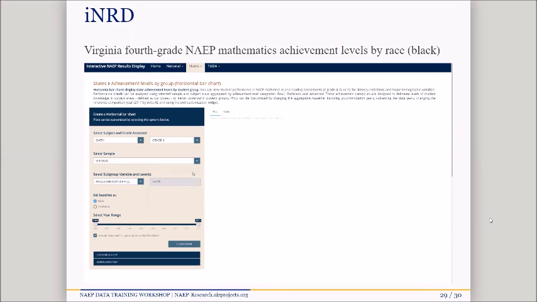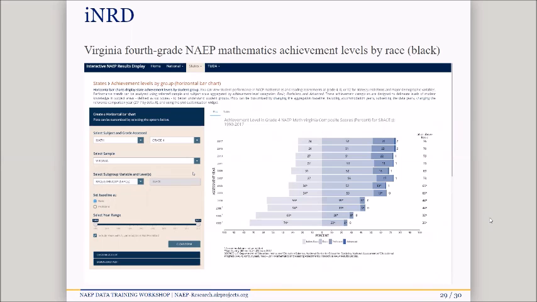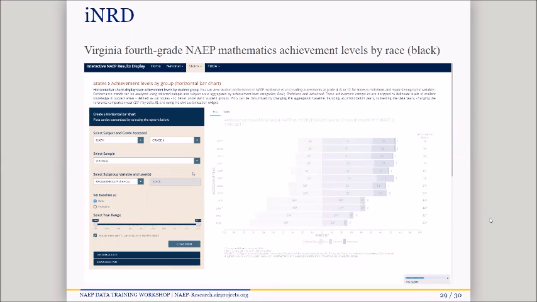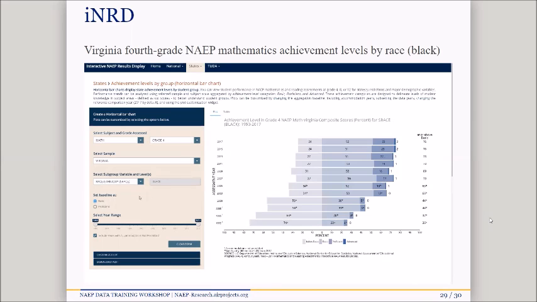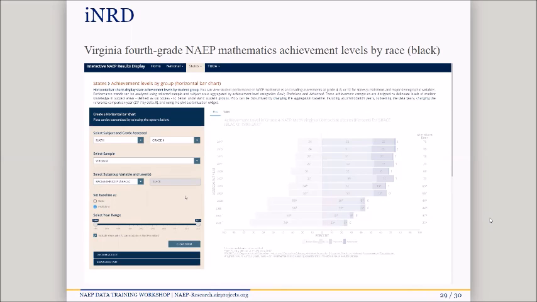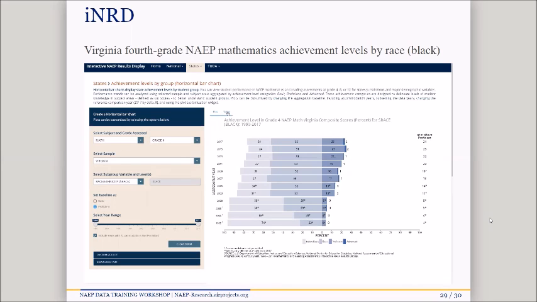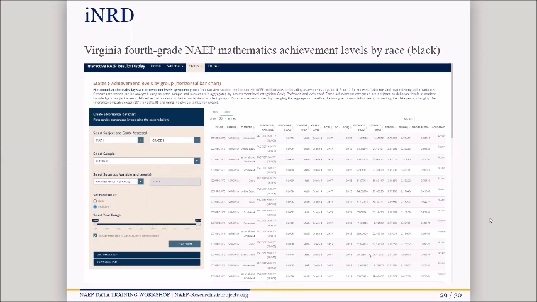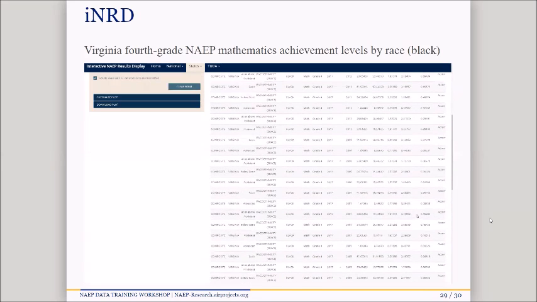So Virginia, and then a particular variable, here S race, which is one of the different variables in the data set, and then it selects Black to display. This shows the achievement levels across years for that particular state subset. Then you can look at the table too.